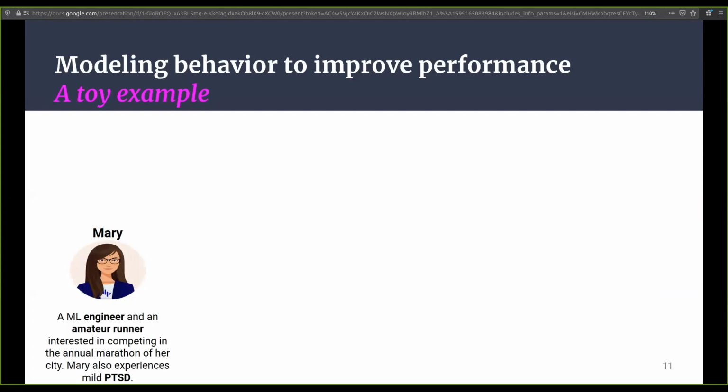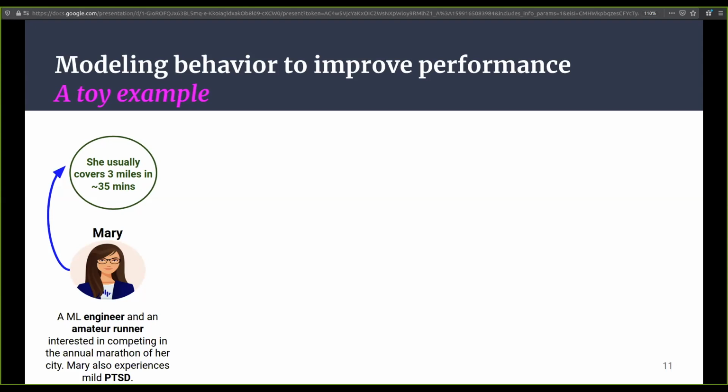So let's assume we have Mary, who is an engineer. She's an amateur athlete. She likes to run. And also experiences mild PTSD symptoms. So she wants to participate in a marathon organized by her local city, and she's training for that. So her average performance is running about 3 miles in a 35-minute period.